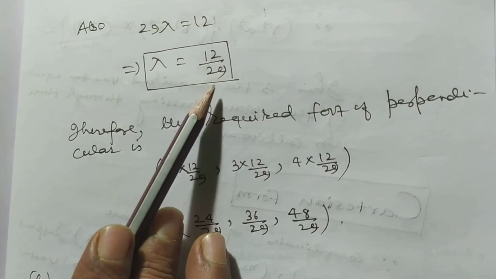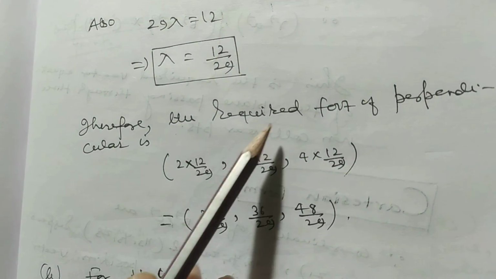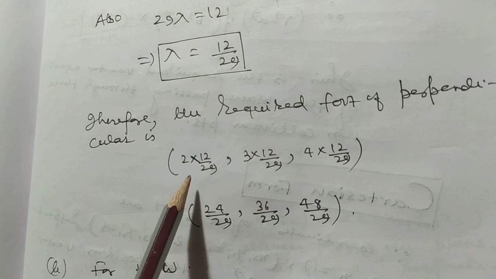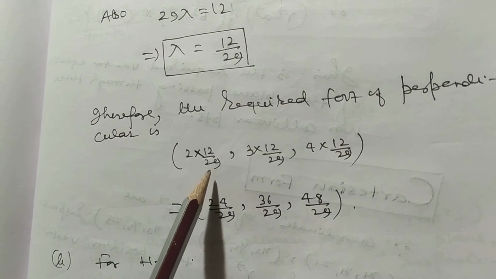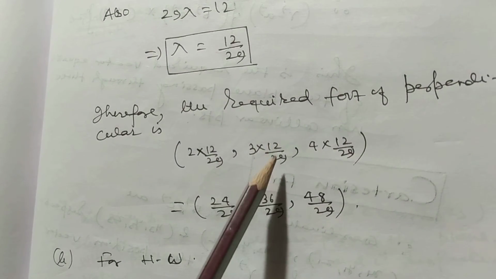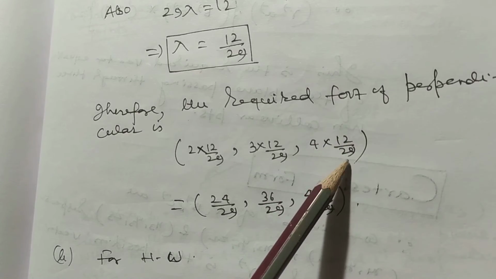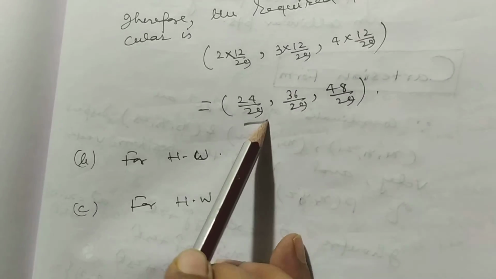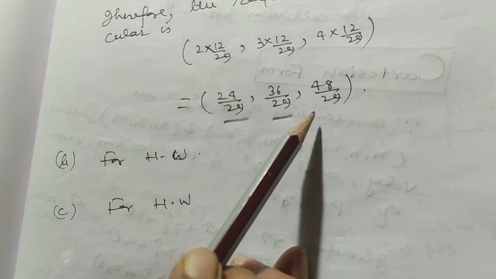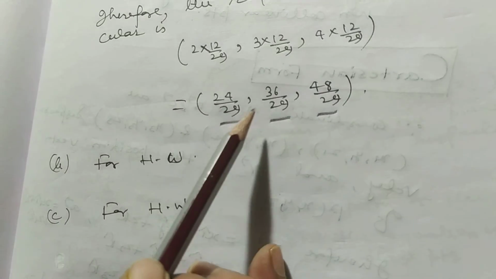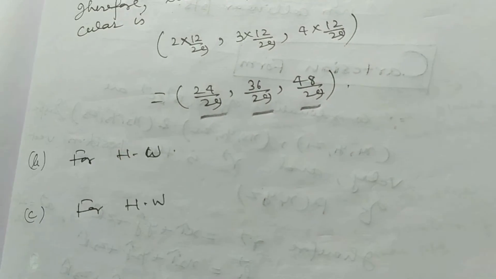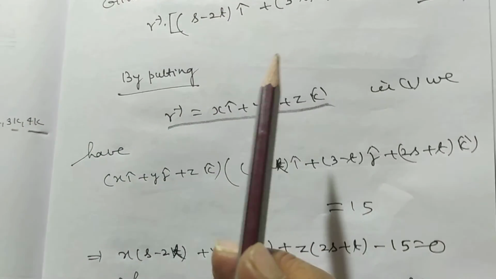So lambda = 12/29. Therefore, the required foot of perpendicular is (2 into 12/29, 3 into 12/29, 4 into 12/29), so 24/29, 36/29, and 48/29 is the foot of the perpendicular which is drawn from the origin to the plane.